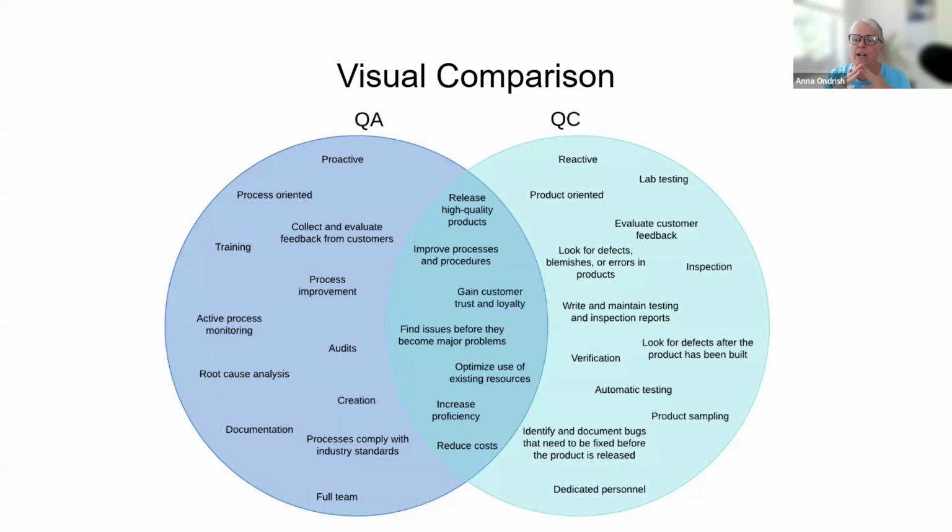But the interaction between the two is this space right here in between, which is the goal: to release high quality products, improve processes and procedures, to gain customers' trust and loyalty, to find issues before they become major problems, and to reduce costs. The two need to work together.